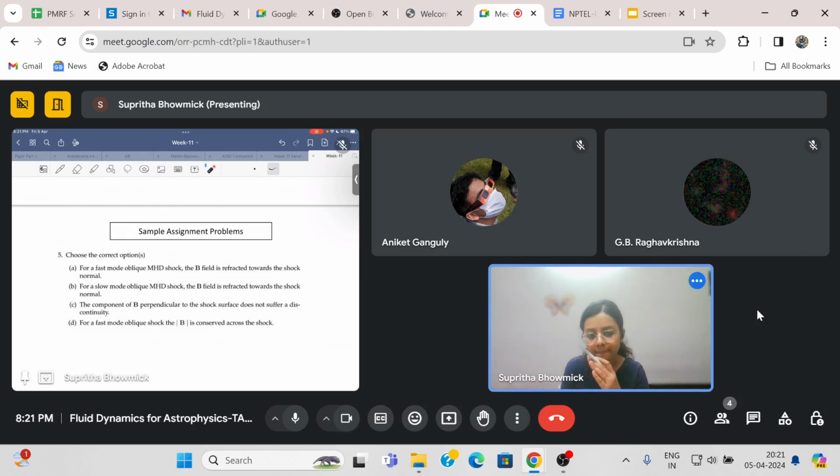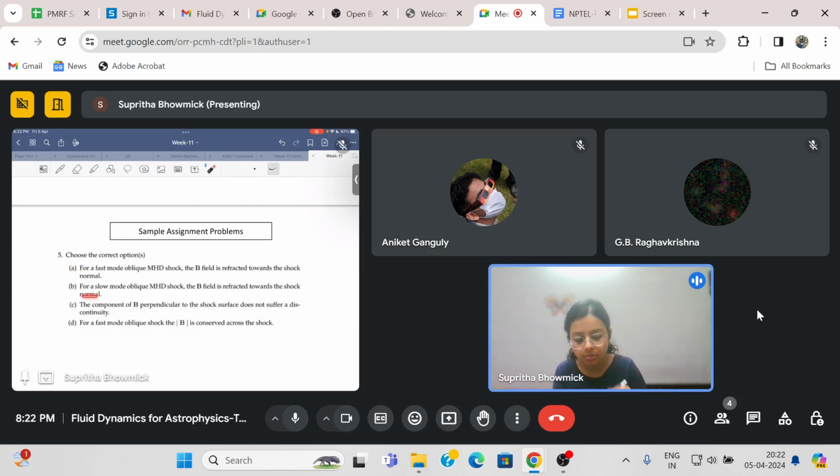The parallel component is continuous across the shock front. The tangential component will reduce if the B field is refracted towards the shock normal. But does that happen in fast modes? That's not what happens in fast modes. That's what happens in slow modes. In fast modes, B actually increases once the shock has passed through the fluid. So the B field should have been refracted away from the shock normal. So this is wrong.